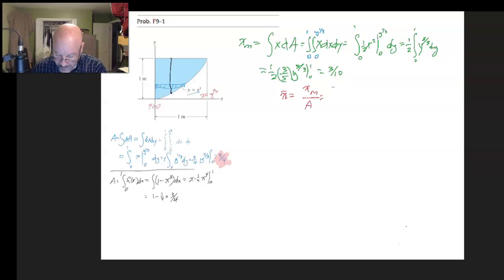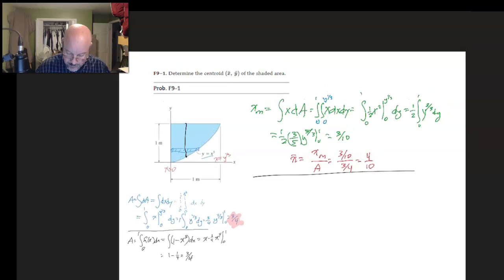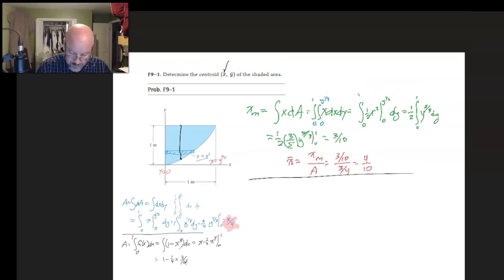So we're going to have 3/10 divided by 3/4. The 3's cancel, the 4 goes up on top, and we get 4/10, just like so. So that is our answer for the x value.